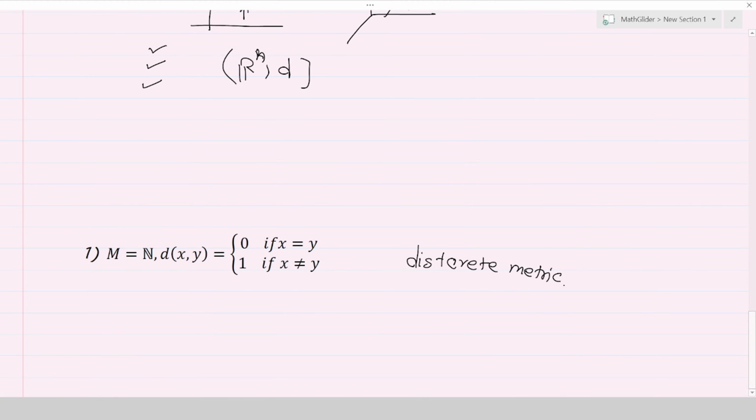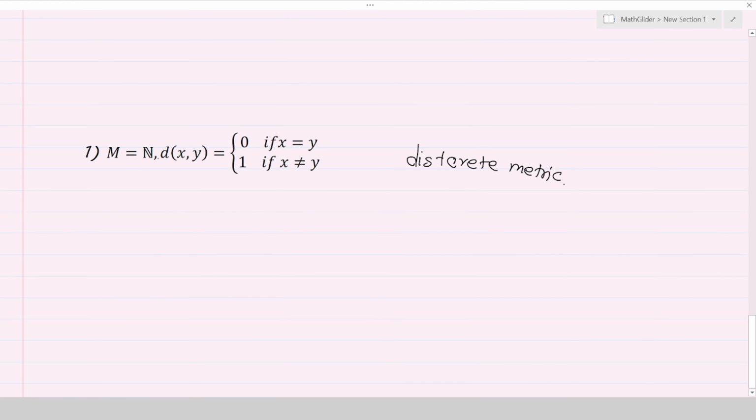Now we will see a little bit different example than Euclidean and maximum metric. So we will take our set to be the set of natural numbers and we will define the distance between 2 points x and y to be 0 if x is equal to y and 1 if x is not equal to y.